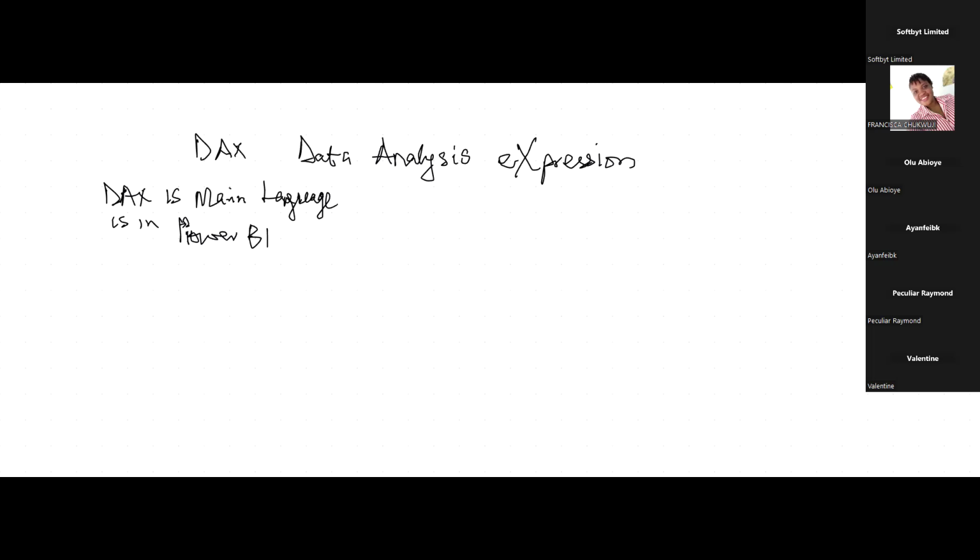Now, because you are conversant with Excel, there are some overlapping functions between Excel and Power BI, and you would think they are the same. They are not the same. We can have some overlapping functions between Excel and Power BI. These just do the same thing, but that is the primary language of Power BI. And it is much more.